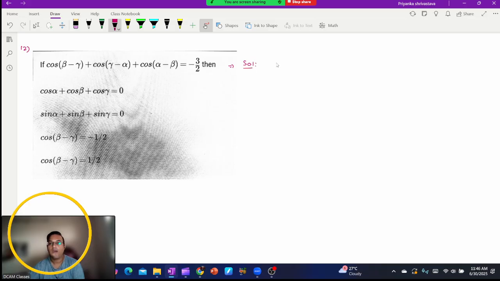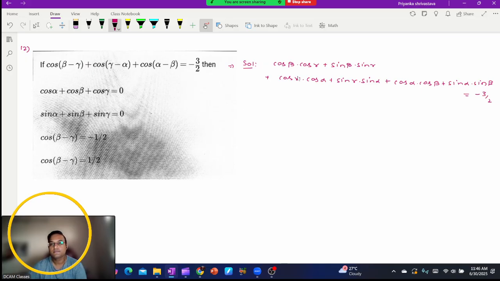So if I expand, what I'll get: cos beta cos A cos B plus sin A sin B plus cos gamma cos alpha plus sin gamma sin alpha plus cos alpha cos beta plus sin alpha sin beta. This is equal to minus 3/2.